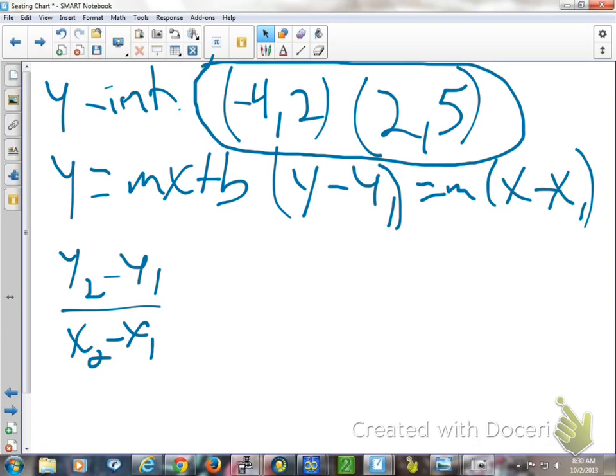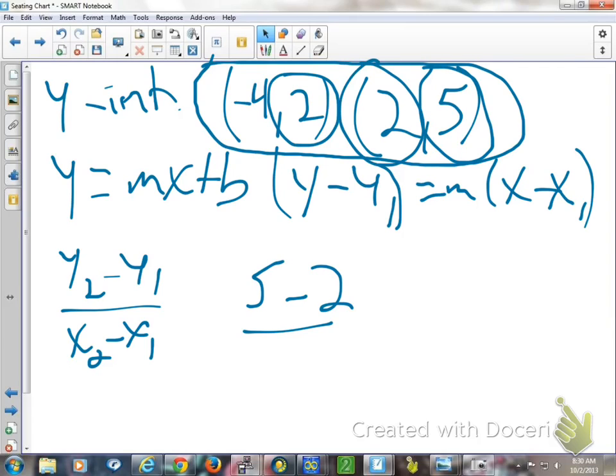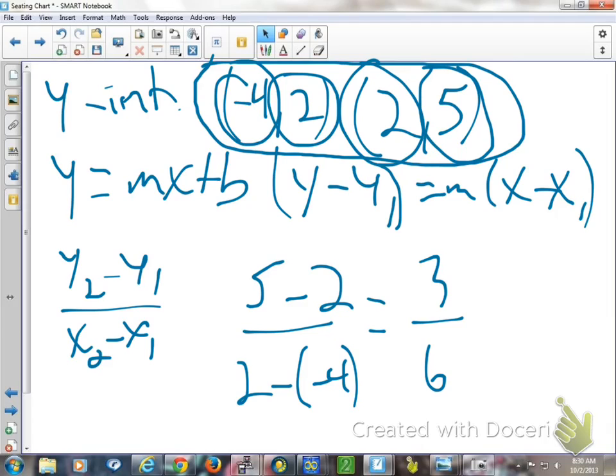So, that's going to be 5 minus 2 over 2 minus negative 4. So 5 minus 2 is 3. 2 minus negative 4 is 6. I am getting low on space. I may have to do some erasing in a second. So, does that reduce? 1/2. Thank you. And that is going to go in for my m in my formula.